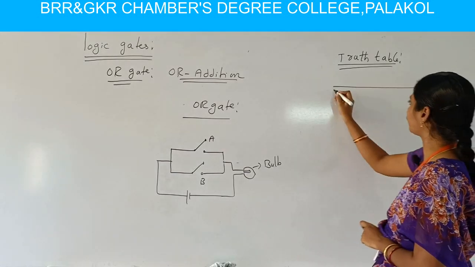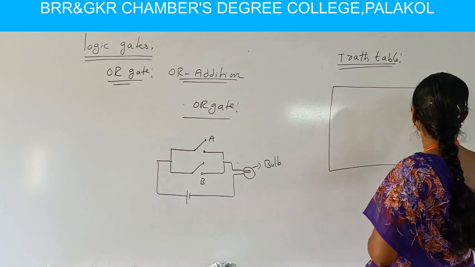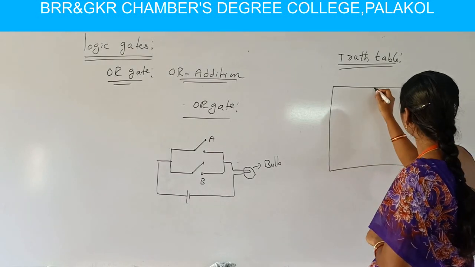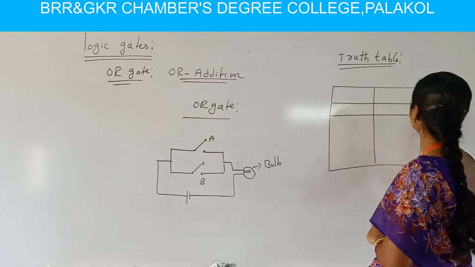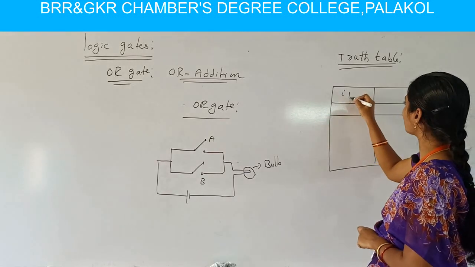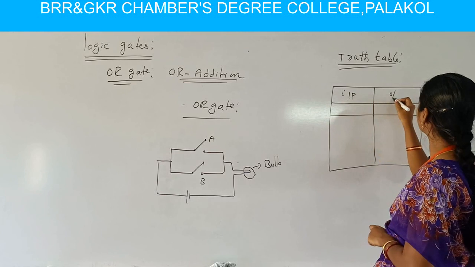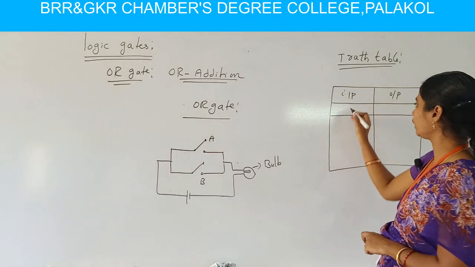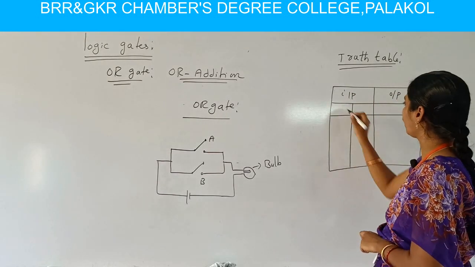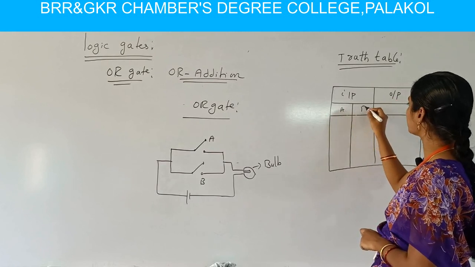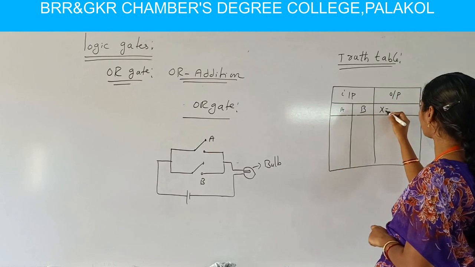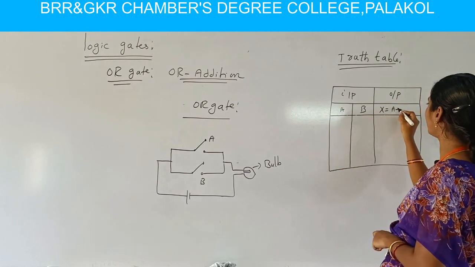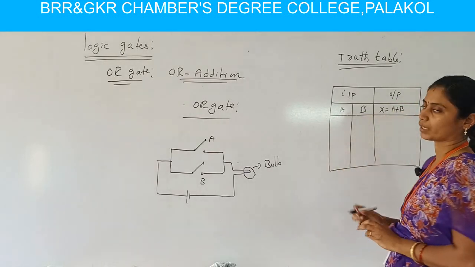Hence in the truth table for OR gate we consider both inputs and outputs. Here these are inputs and these are outputs. We consider A, B as variables, both are inputs, and the output variable is represented with X. Here the operation is binary addition.